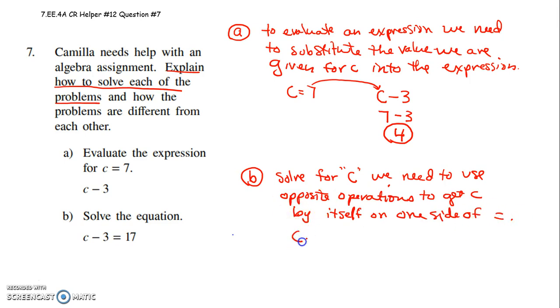All right, so if we have C minus 3 equals 17, in order to get C by itself, we need to get this minus 3 moved over to this side. So we got to zero it out from this side.